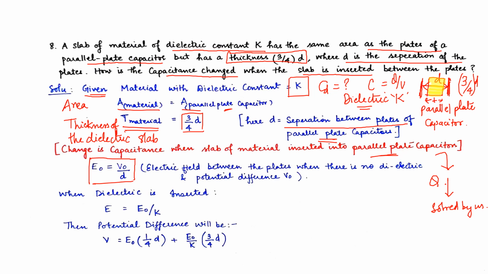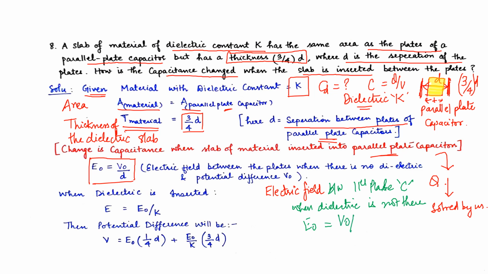This is the electric field between the parallel plate capacitor when the dielectric is not there. d is the distance between the two plates.